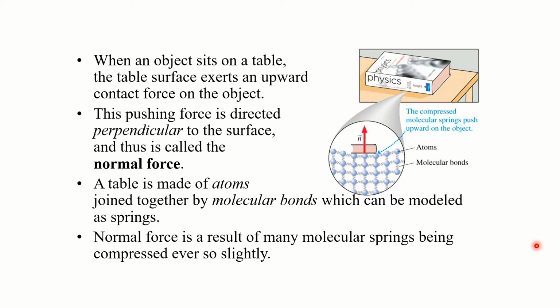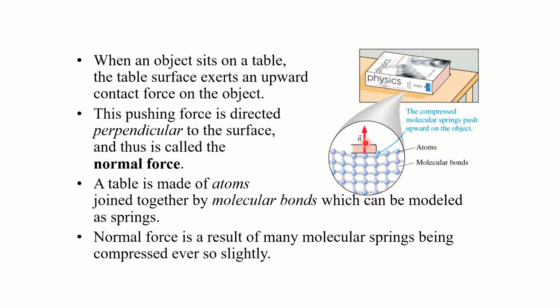The normal force, this one often confuses a lot of students. I think one of the common misconceptions people have is, oh, it's the opposite of gravity, and that is not true. The normal force is essentially due to the atoms and molecules that make up an object. So in this case, the table, you have all our atoms held together there.